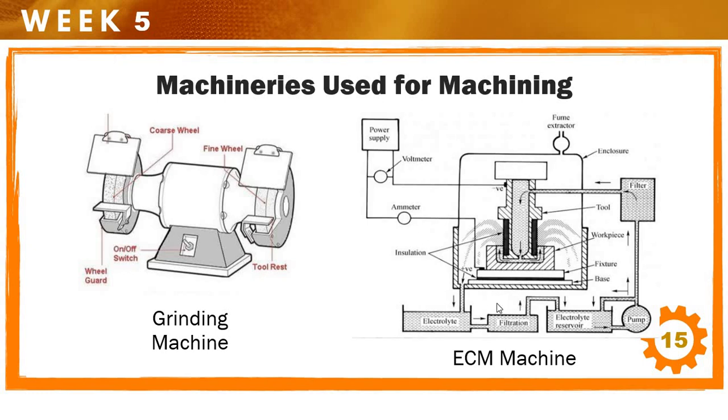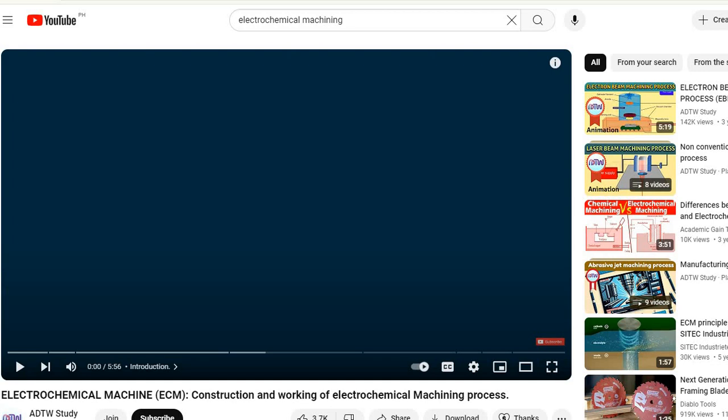So I will be letting you watch a video for this process. It is a very complex process, so we'll be watching it using a sample video. Alright, so for us to better understand the electrochemical machine or ECM process, let's watch this video.